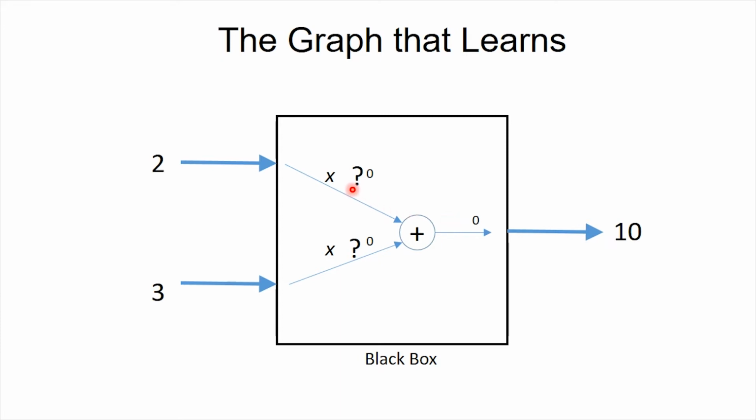After some thinking, however, we can see clearly that if we put here a number 2 and here we use another number 2, these two numbers will satisfy our demand. 2 times 2 is 4, and 3 times 2 is 6. 4 plus 6 makes 10, which is exactly the output we are looking for.